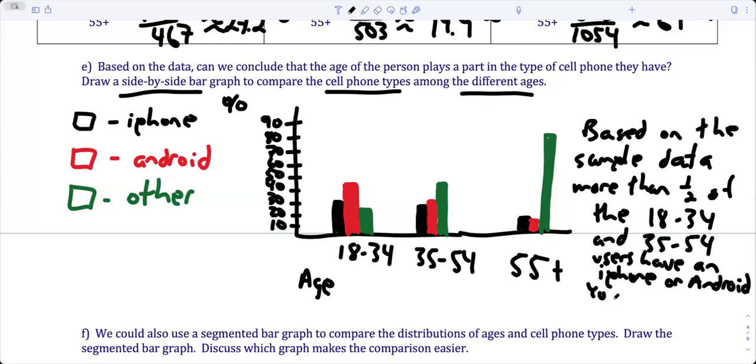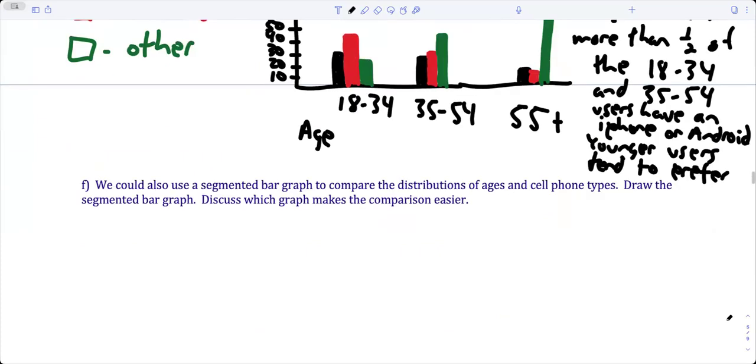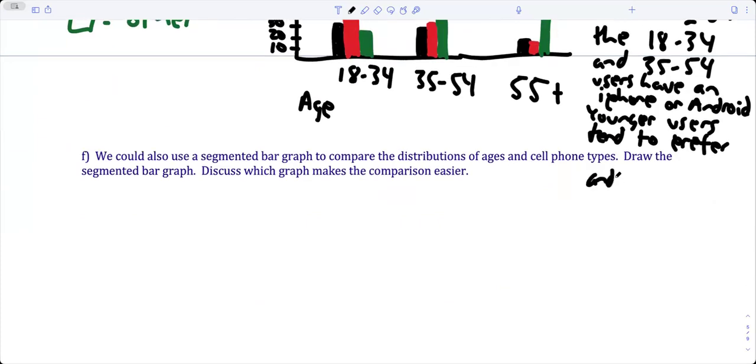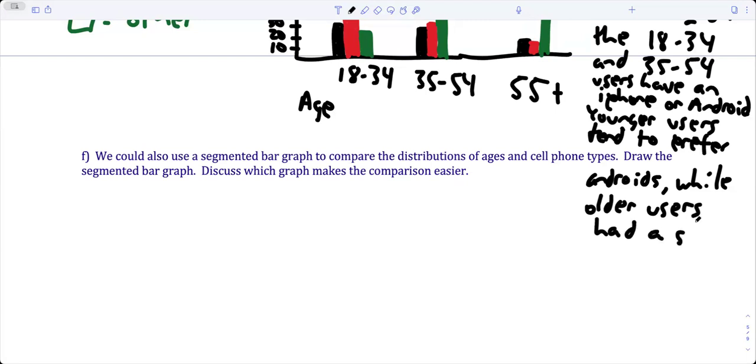So younger users tend to prefer Androids, while older users had a slight preference for iPhones.